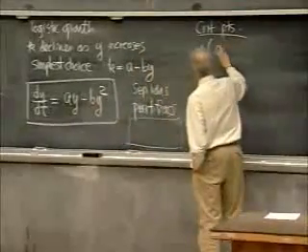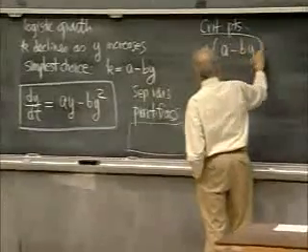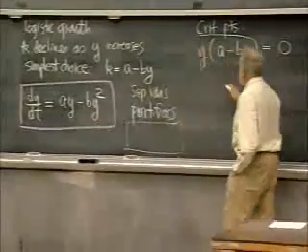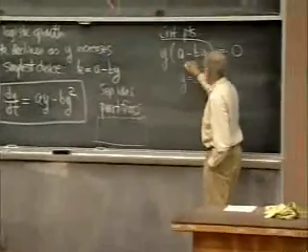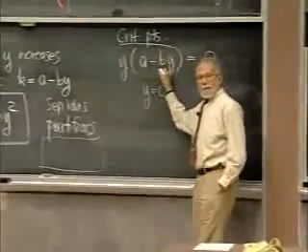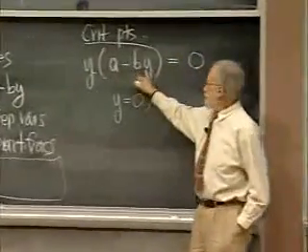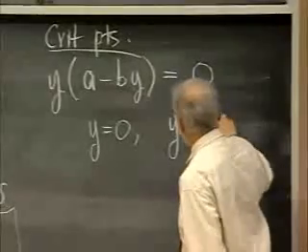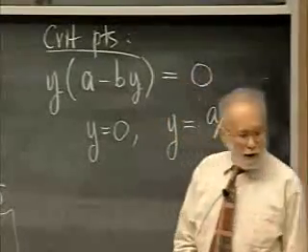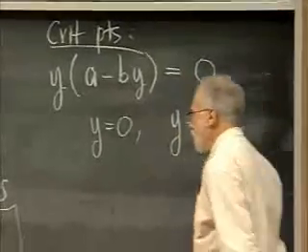It's going to be y times (a minus by) equals 0, and therefore the critical points are where y equals 0, and the other factor is 0, and that happens when y is equal to a over b.